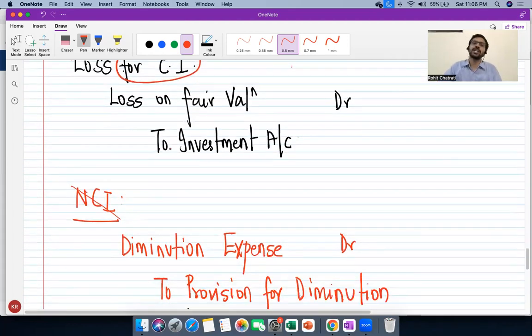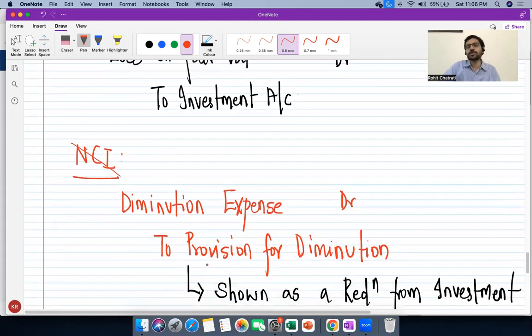The only difference is that the credit in current investments is given to the investment asset itself, whereas in long-term investments, the credit is given to a separate account. But eventually on the balance sheet, we still show it as a reduction from the asset itself.